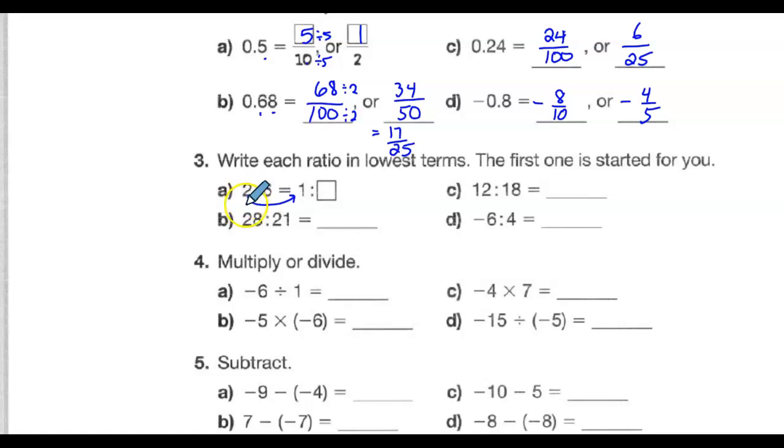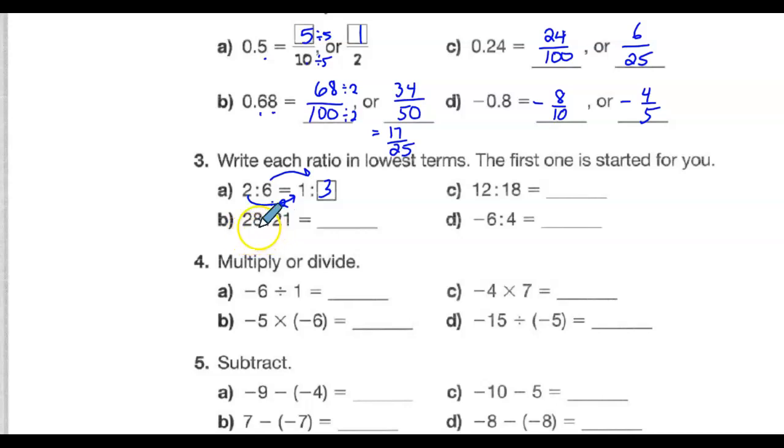So 2, what divided by 2 divided by what gives you 1? Obviously, divide by 2. So you have to do it to both terms. So then 6 divided by 2 is 3. So just like a fraction, both numerator and denominator get divided by a common factor. Here, both terms get divided by a common factor.